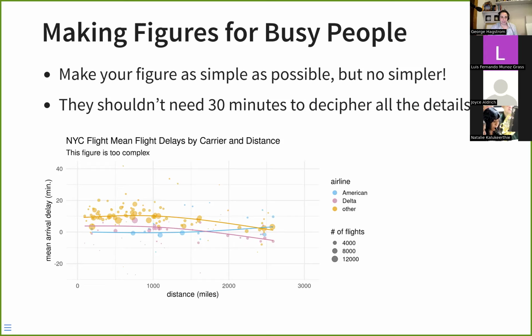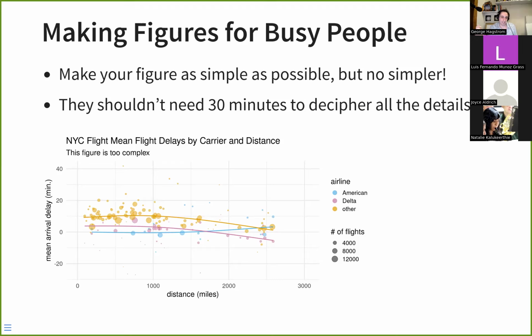So what are some other tips? Let's say you have a really good story in mind and you're trying to create figures that tell that story. How can you do that effectively? I've taken some examples from Fundamentals of Data Visualization, which are really helpful for making figures for busy people.